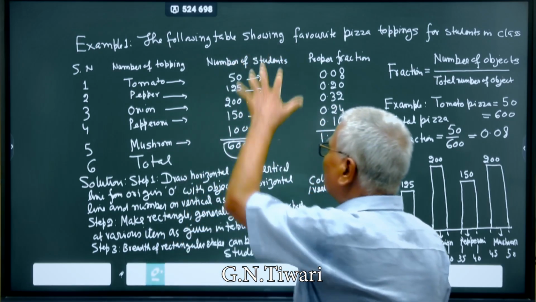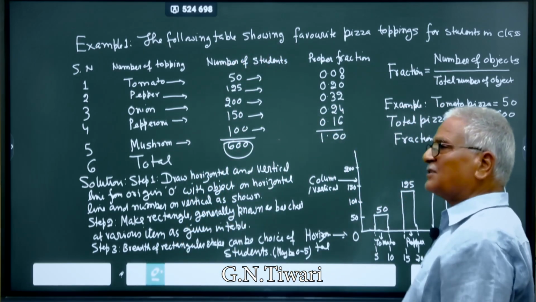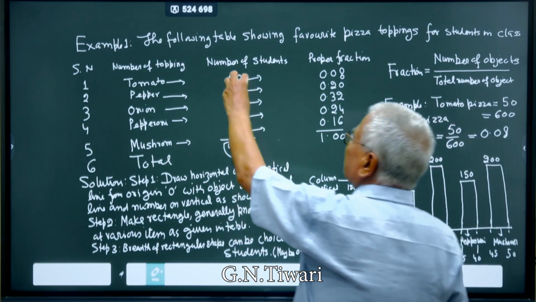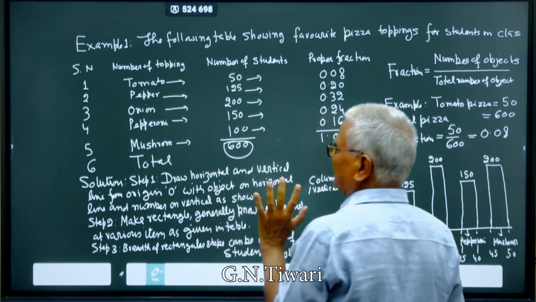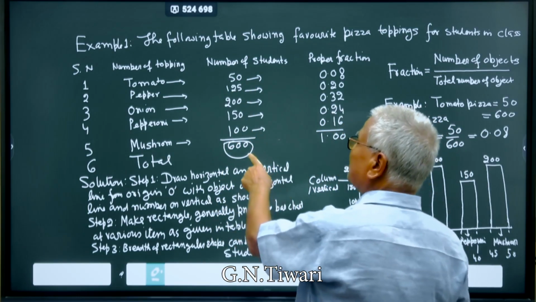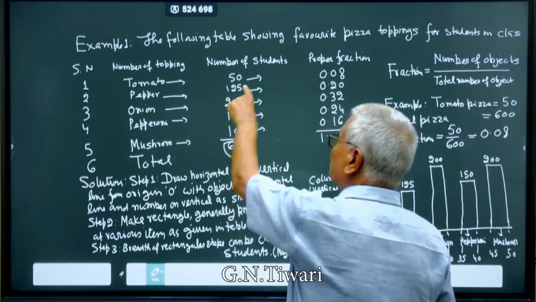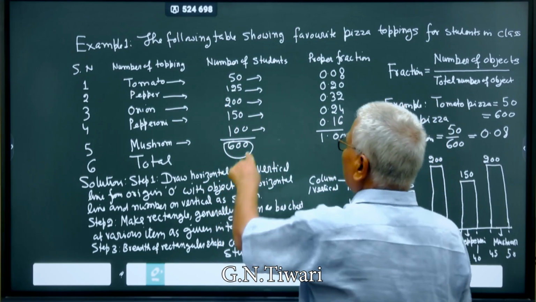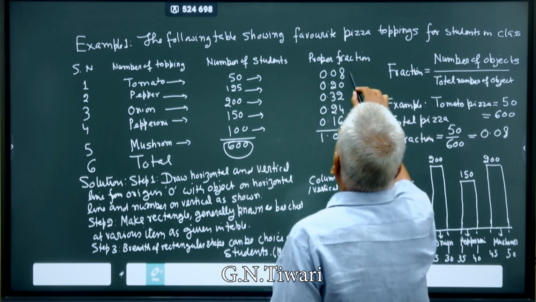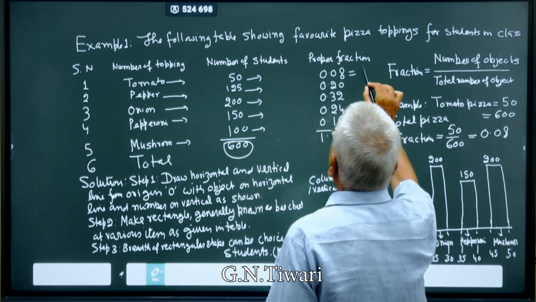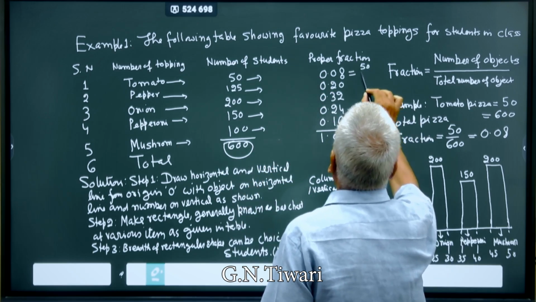So suppose you have been asked, fraction I have already discussed, what is the fraction of tomato out of 600? So the total number of the objects is 600 and number of the pizza of tomato is 50. So 50 upon 600 is going to be this fraction. This is always a proper fraction.